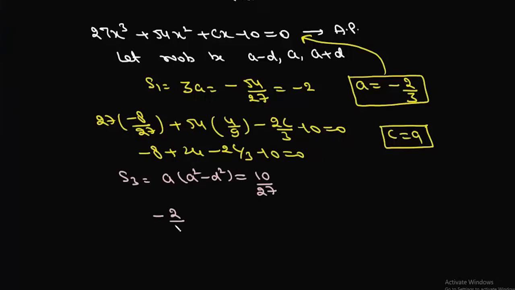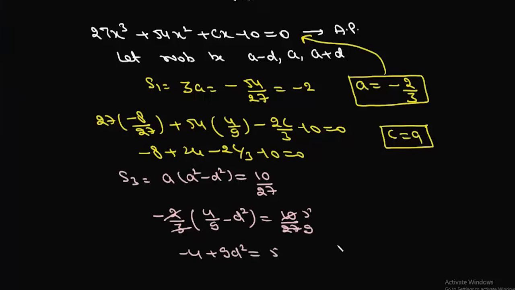So that will be minus 2 by 3, and this is 4 by 9 minus d square, and this is 10 by 27. Now this is 5 and this is 9. So we can write minus 4 plus 9d square equals 5. So value of d is plus or minus 1.